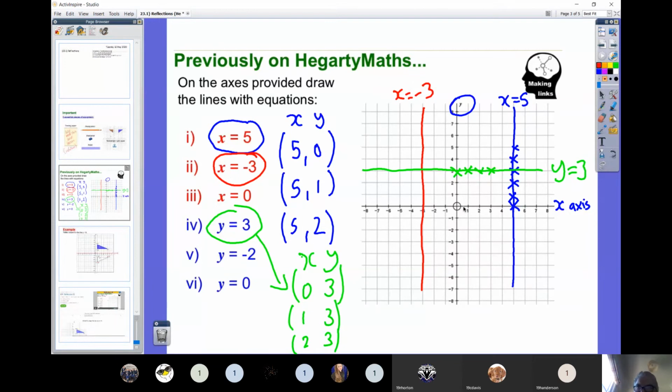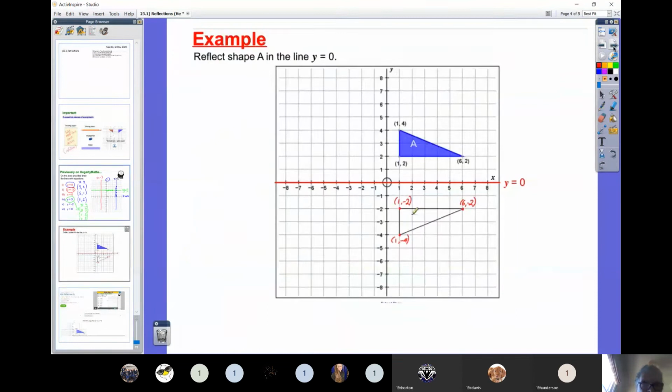So let's just look at an example or two of questions. This would be a classic question: reflect shape A in the line y equals 0. So the first thing you would have had to do is draw in the line y equals 0. And that is the same as the x-axis. It's the line going straight along the middle.